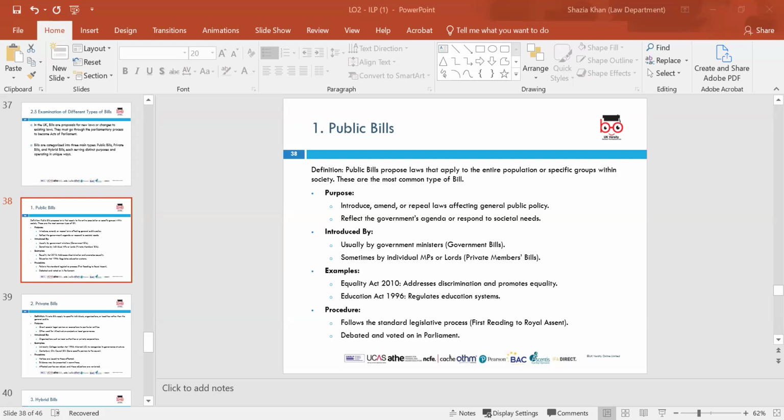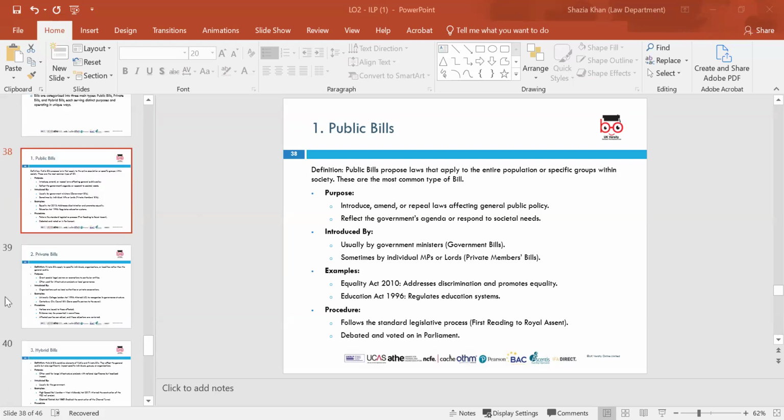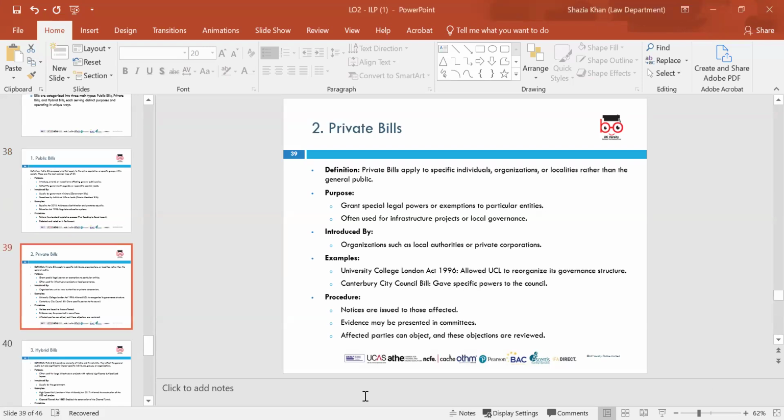And the next type of bill is the private bill. These are bills suggested by a person, a group, or a company, individuals or organisations, and they normally do not affect the general public.